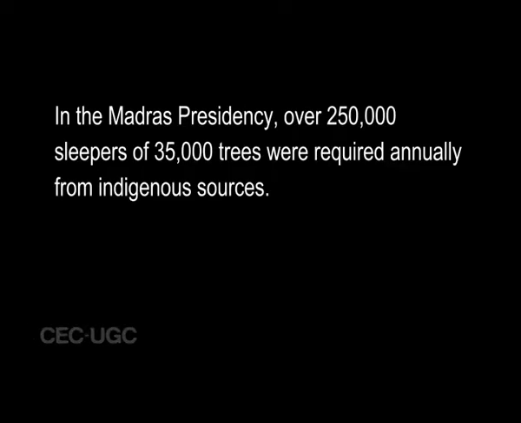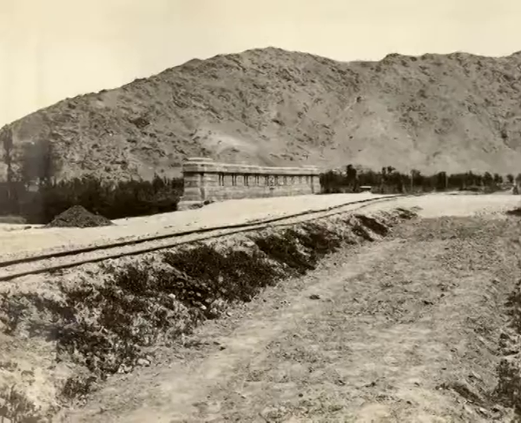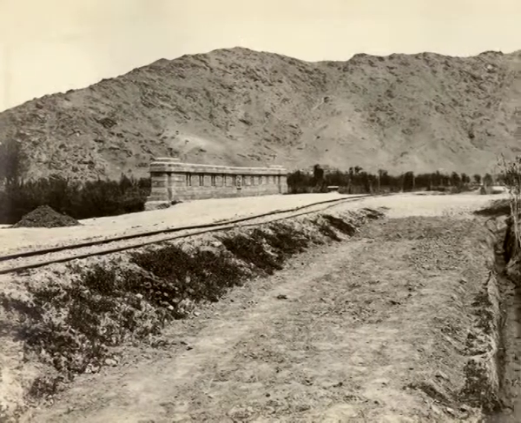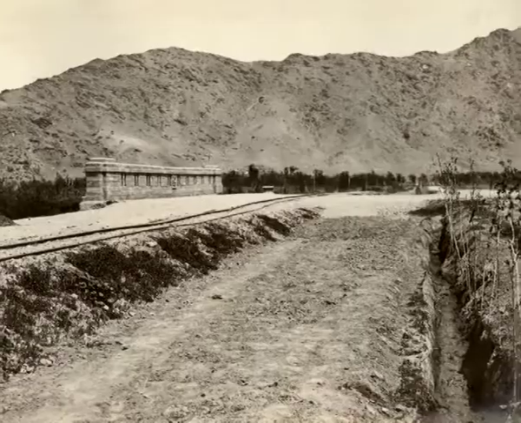In the Madras Presidency, over 250,000 sleepers of 35,000 trees were required annually from indigenous sources. To meet this demand, the contractors resorted to more and more exploitation. Side by side, they cleared jungles farther and farther away from the railway lines.